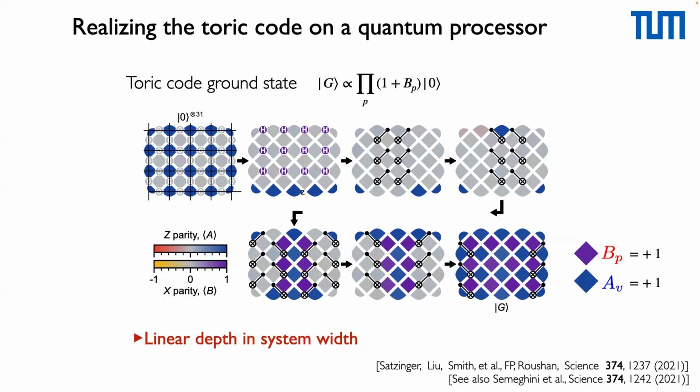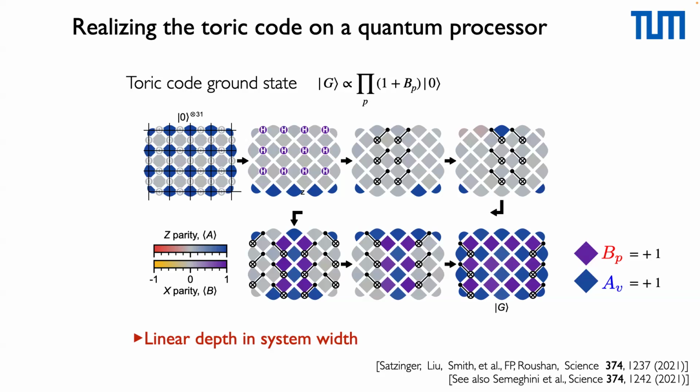Now I'm just leaving out this lattice in the following. So on the sides of this rotated square lattice, we have the qubits. Now I can initialize the quantum computer into a product state of all qubits being in the zero state.